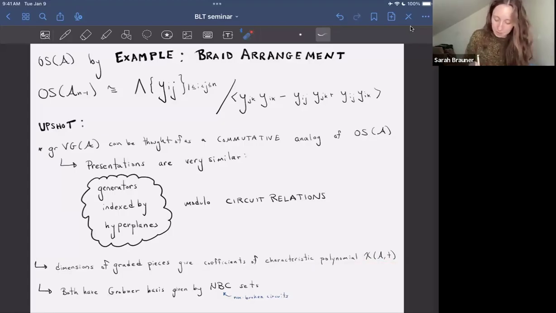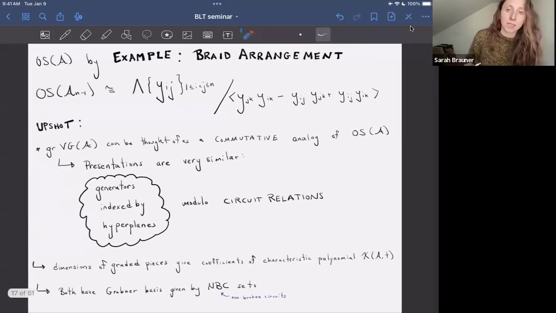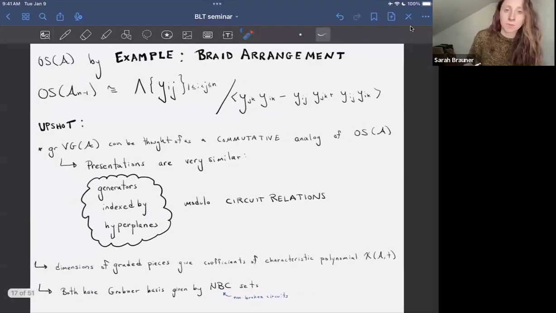Both have Gröbner bases given by NBC sets. So I like to think about these rings as siblings. The Orlik-Solomon algebra is a little bit better known, but we'll see that the Varchenko-Gelfand ring also has a lot of nice properties. Okay, questions about this?